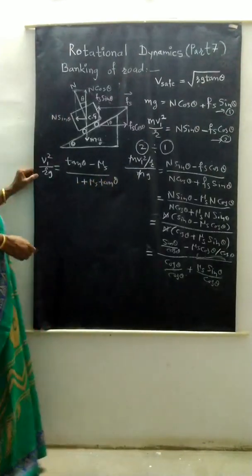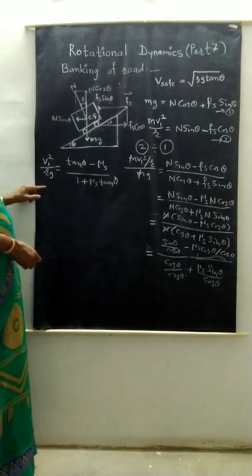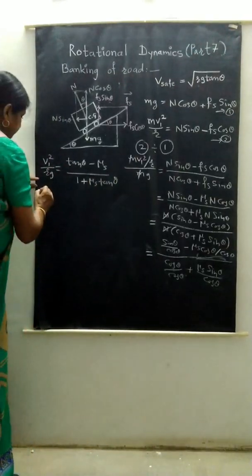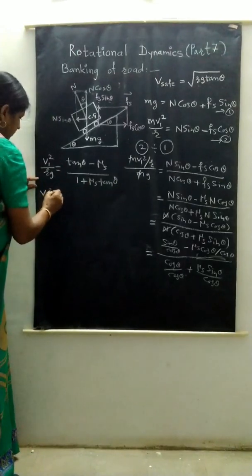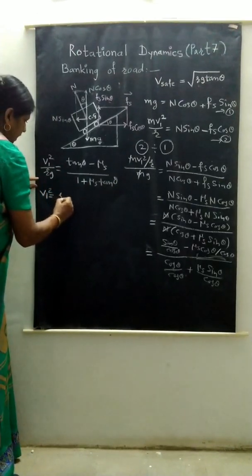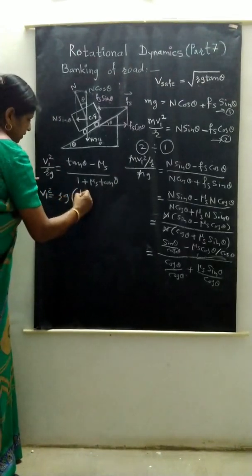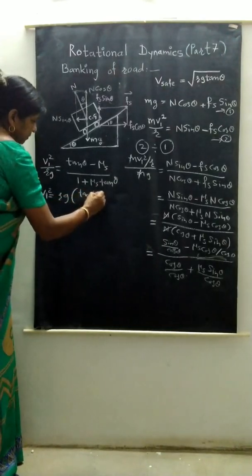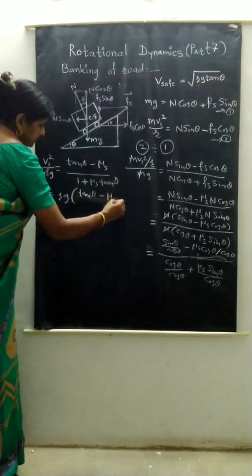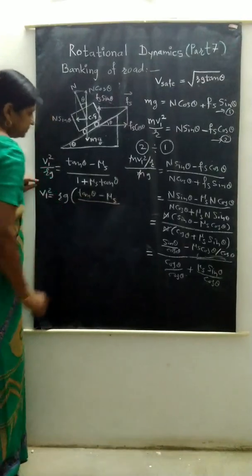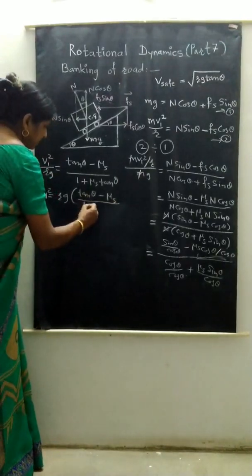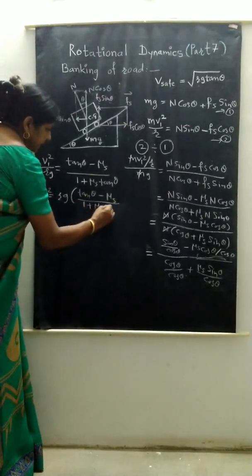This is the value of v1 square upon rg. Hence, v1 square will be equal to rg multiplied by tan theta minus mu s, divided by 1 plus mu s tan theta.